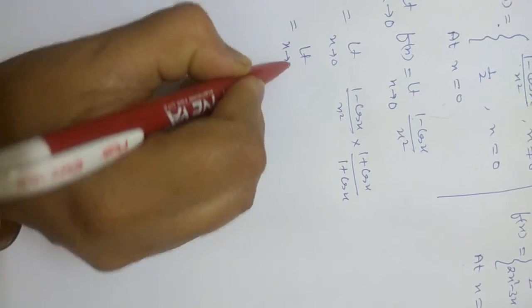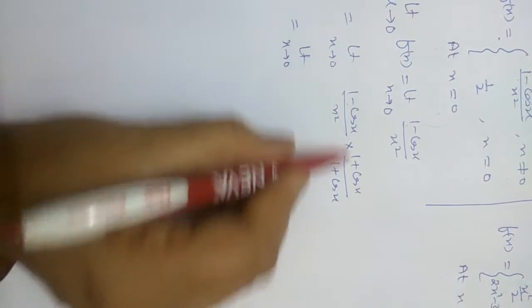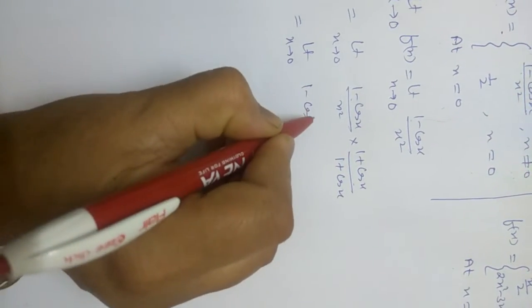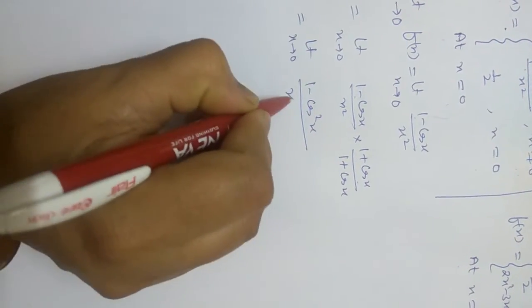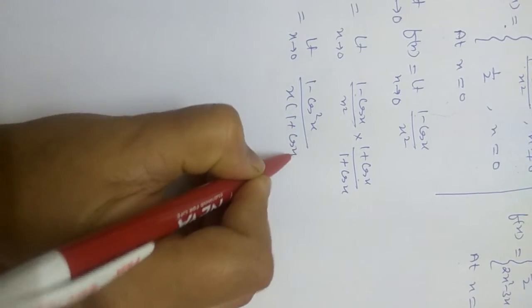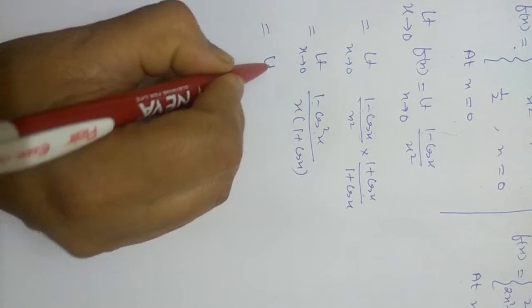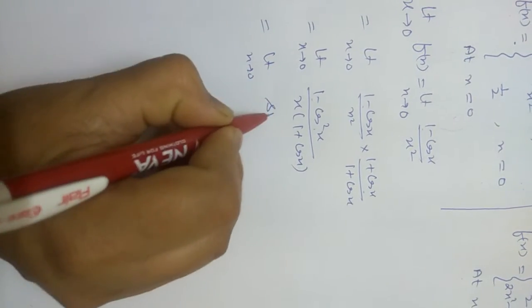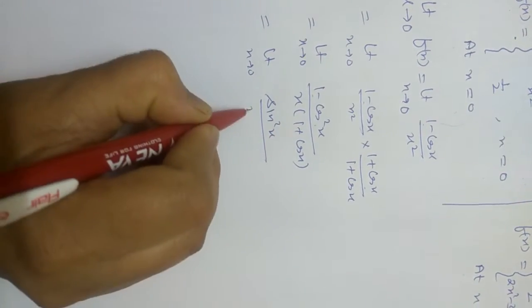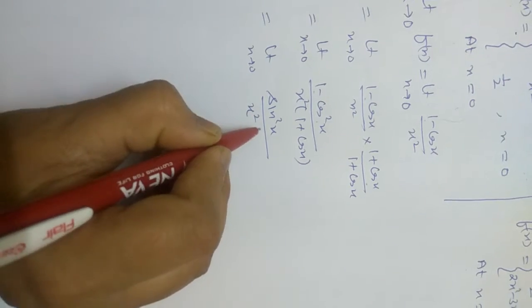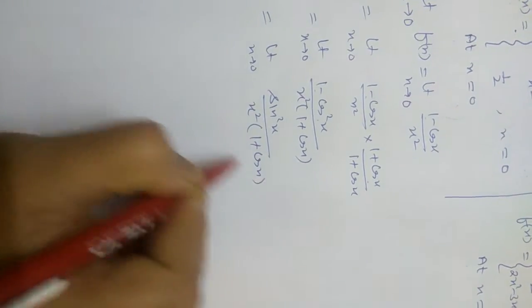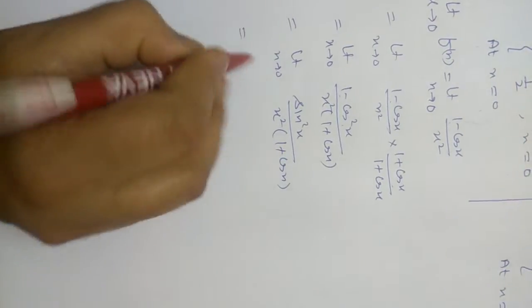And now we have to rationalize this, and limit x tends to 0, multiply this (1 minus cos square x) upon x square into (1 plus cos x). 1 minus cos square x, that is equal to sin square x upon x square into (1 plus cos x), and then take the limits.